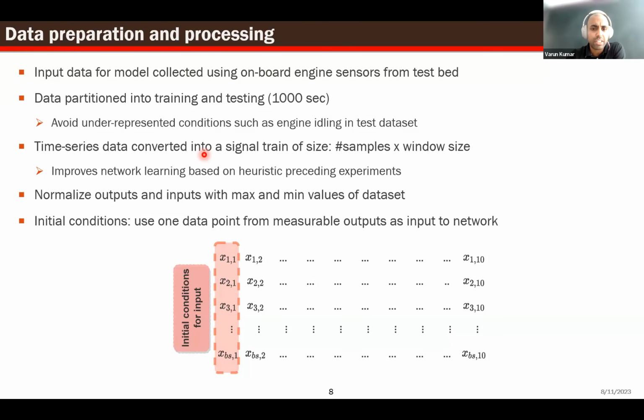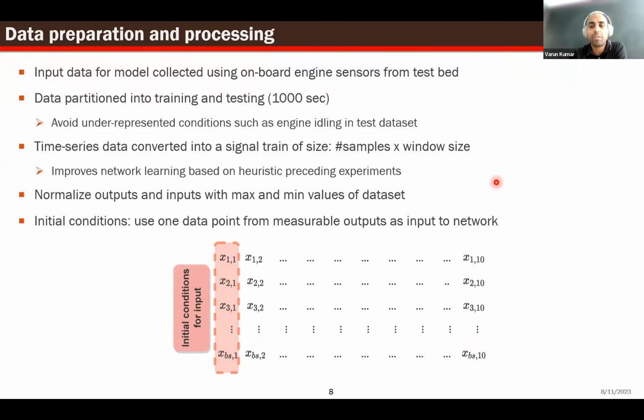In terms of data preparation, we had to rearrange the data. It was found heuristically that arranging the data in the format of number of samples times window size, like I show in this diagram, helps improve the training of the network.